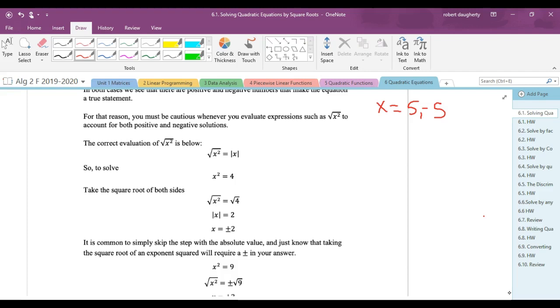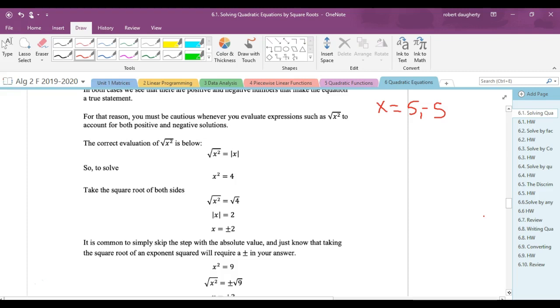So when I'm solving x squared equals 4, when I take the square root of the left side and the square root of the right side, I get the absolute value of x is equal to 2. What numbers, when you take their absolute value, give you 2? 2 and negative 2. So your answer is 2 and negative 2.